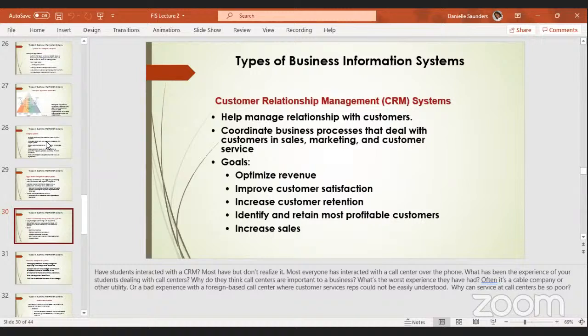If you have excellent CRMs, they will optimize the revenue of the business because the customers buy, are happy, and keep buying. So they're satisfied, they retain, as in they keep purchasing because they're happy with the company. Good CRMs figure out who the most profitable customers are in order to make sure that they keep as happy as possible. And clearly that all leads to increased sales and increased profits. Next slide.